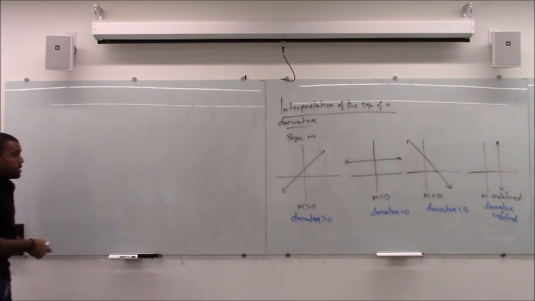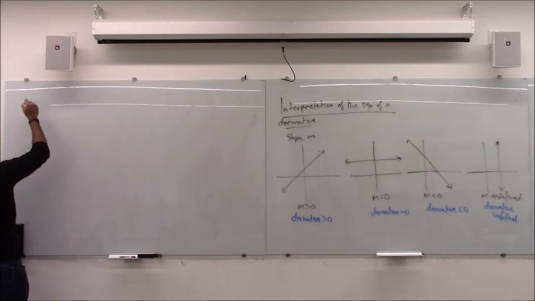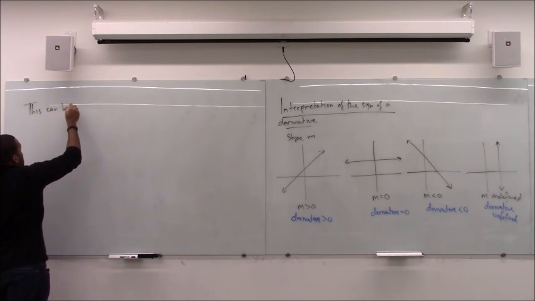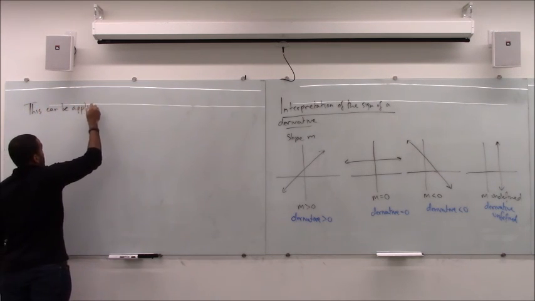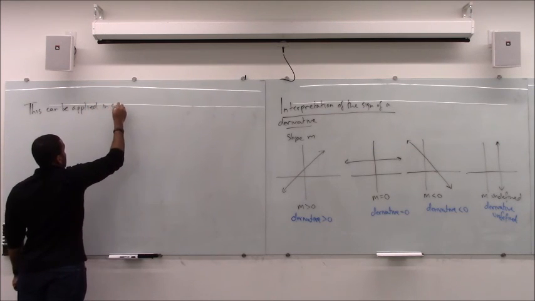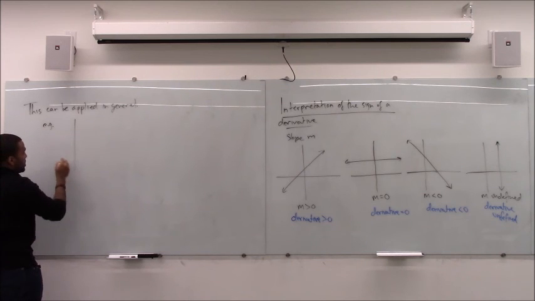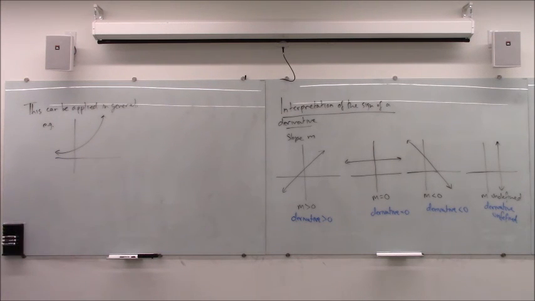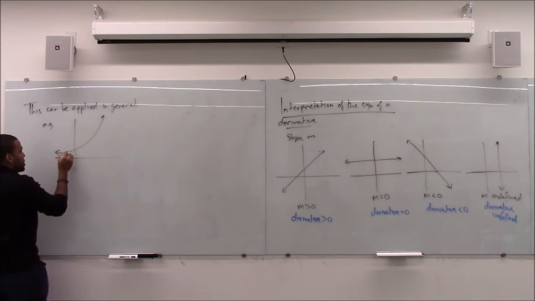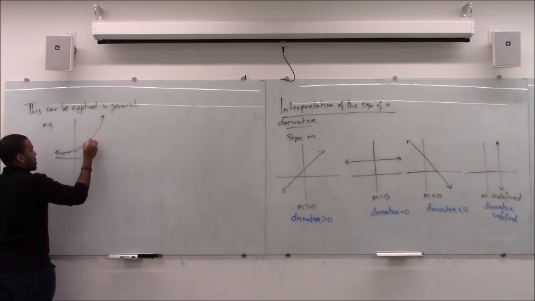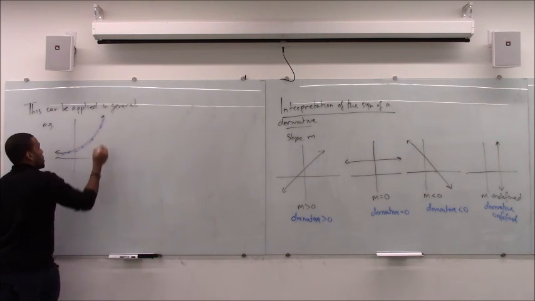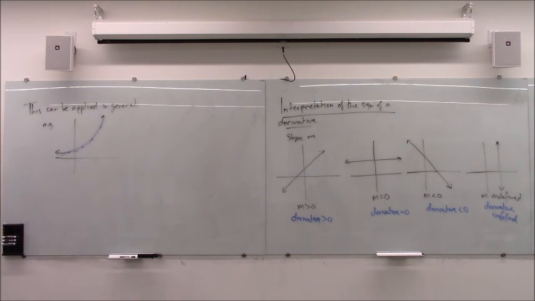And the important idea is this can be applied in general, not just to straight lines. So for example, if you have a function that's not necessarily a straight line, but it has maybe this behavior, what you can realize is that if you were to sketch tangent lines at some points, the tangent line is always pointing up.